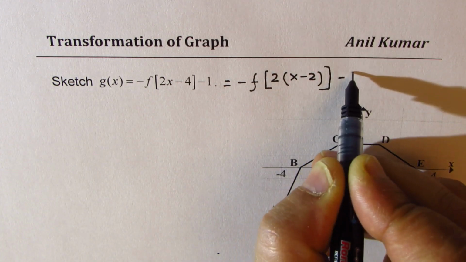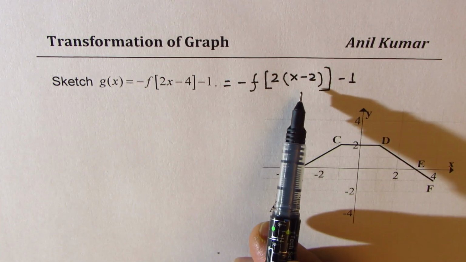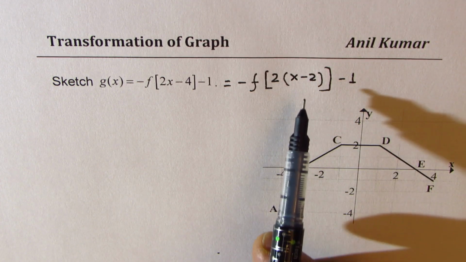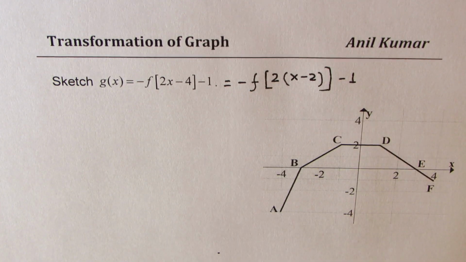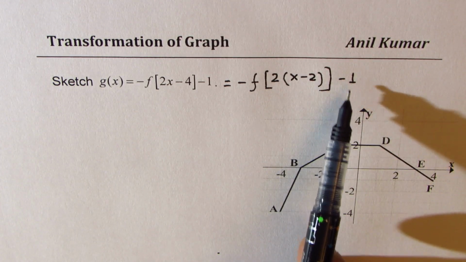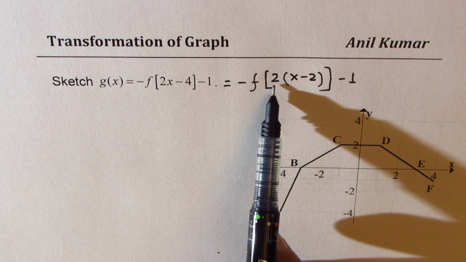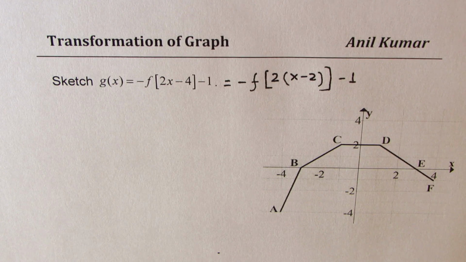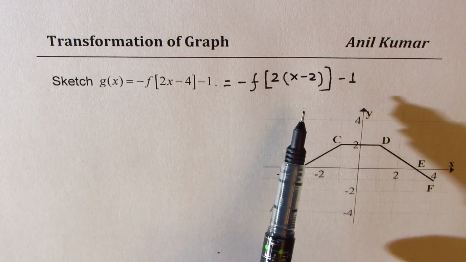Now clearly you can see that the function has been translated 2 units to the right. So it is reflected on the x-axis, translated 2 units to the right, 1 unit down, after doing horizontal compression by a factor of half.